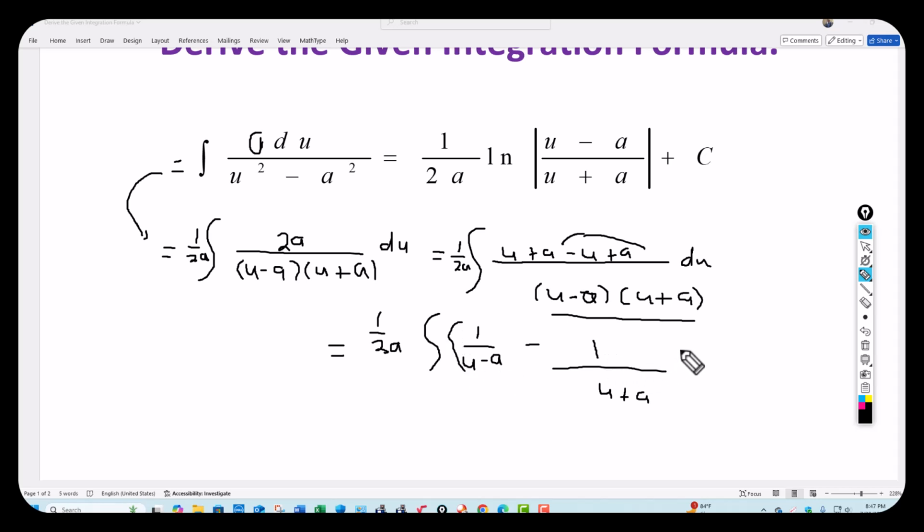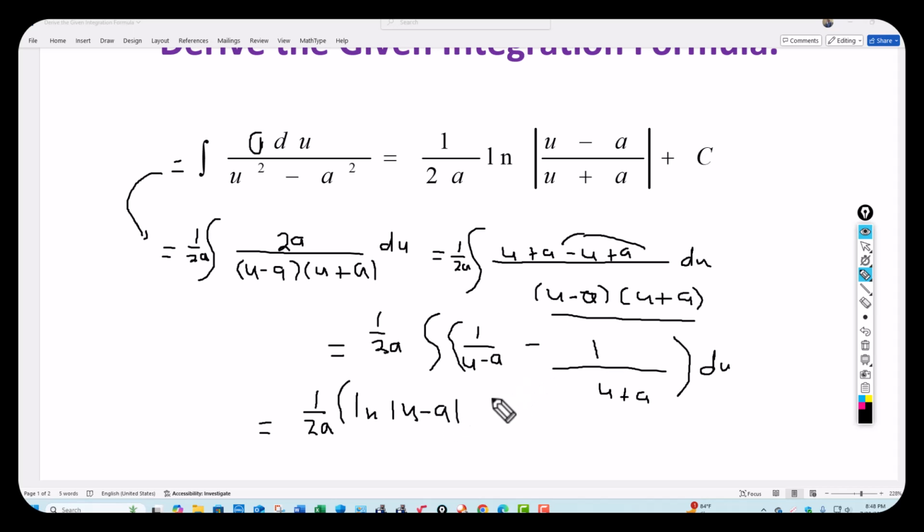And again, I could break it up into 2 integrals, but I just do it this way. 1 integral, and then 2 terms to integrate. So what do we have here then? Still got the 1 over 2a in front, and then we just have du over u minus a, minus du over u plus a. Because the derivative of u minus a and u plus a is 1, I can just say that's going to be the natural log of absolute u minus a.